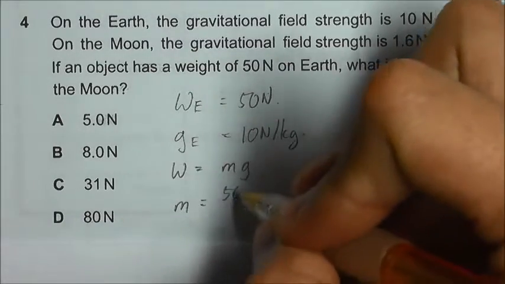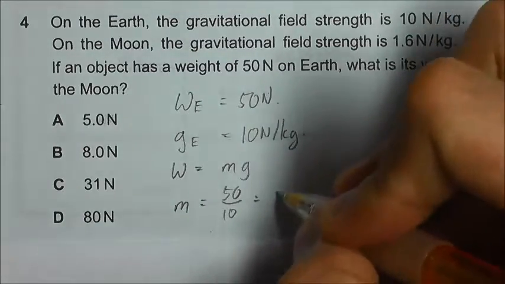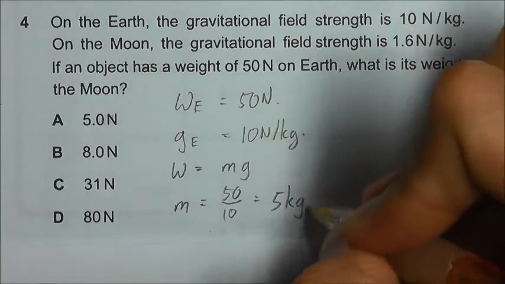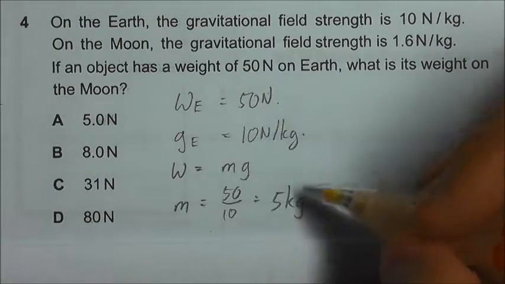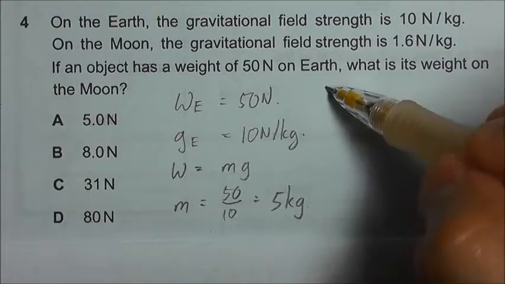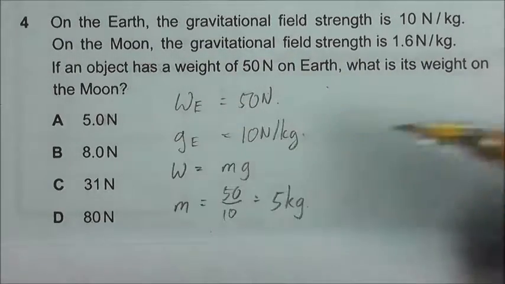So that will be 50 divided by 10. The mass of the object is 5 kg. So the mass will stay the same whether it's on Earth or on the Moon.